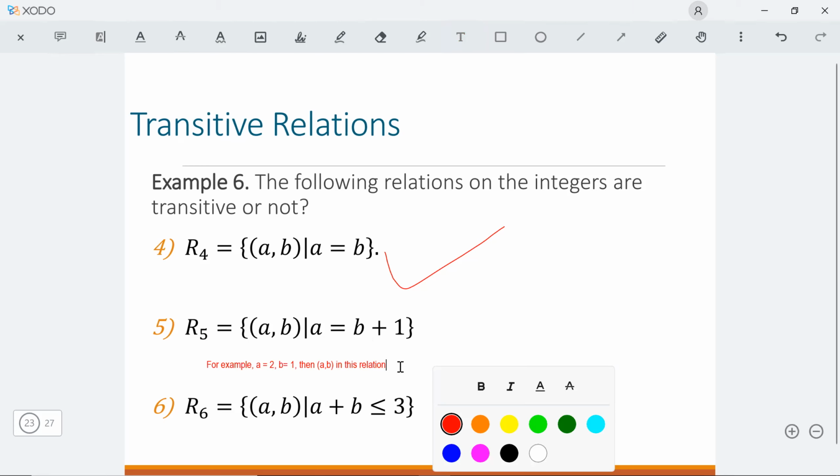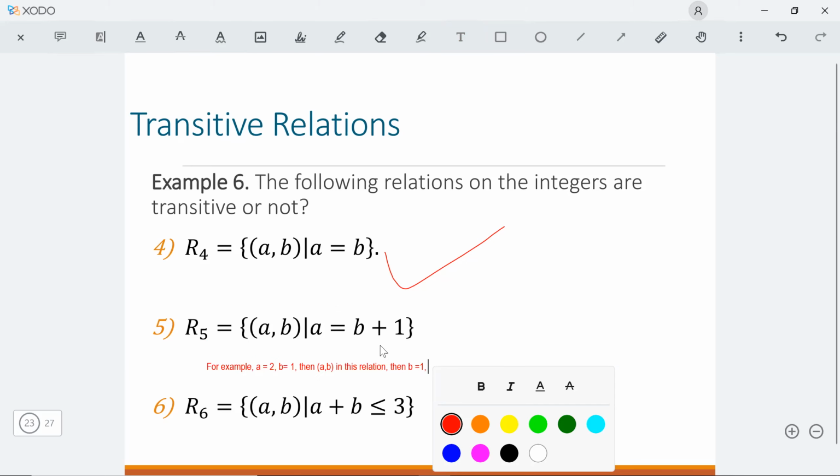Then let's think about another one. For B equal 1, can we have some C here to make BC in this relation? Now we want BC in this relation, so the left-hand side should be B and the right-hand side should be C. So 1 equals C plus 1. That means here we should have C equal 0.